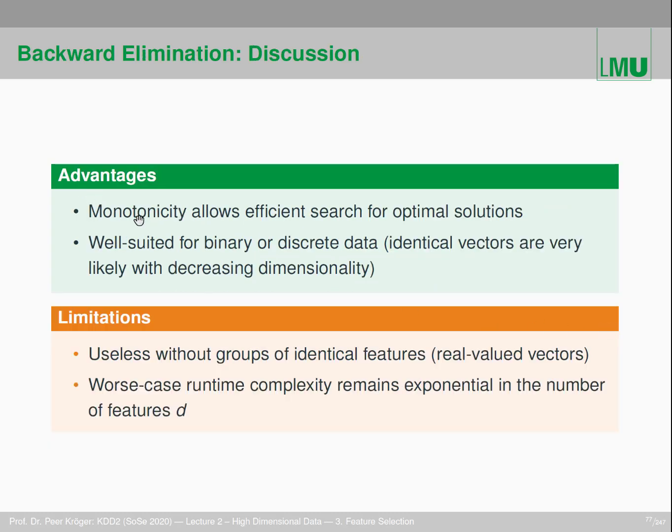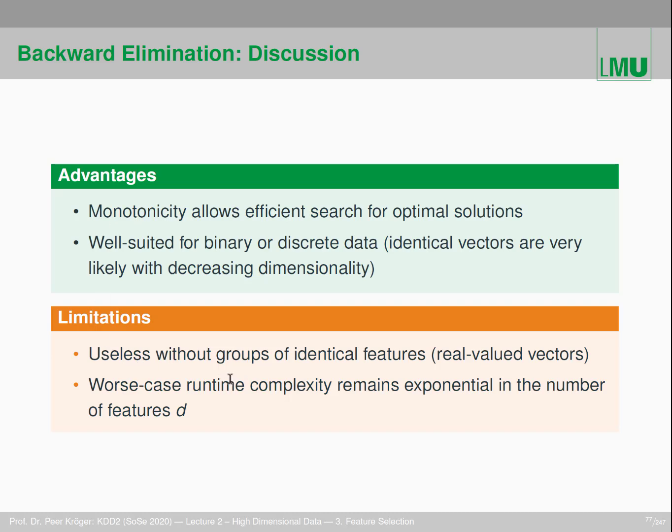So advantages here, short discussion. Monotonicity allows, of course, efficient subspace search, and you get the optimal solution then. Especially the inconsistency score is very well suited for discrete data or binary data, because you count identical values, and that's not really working very well for real valued attributes, of course.